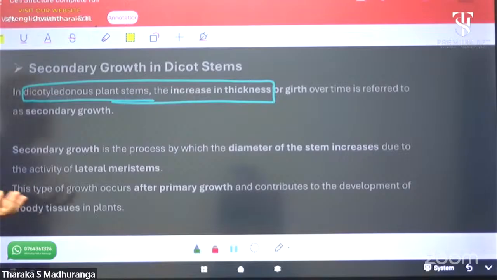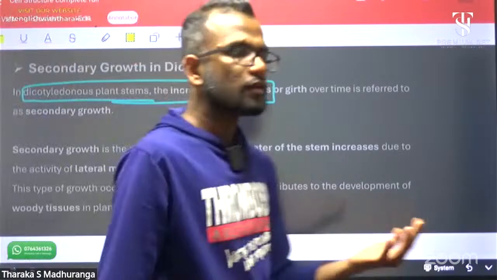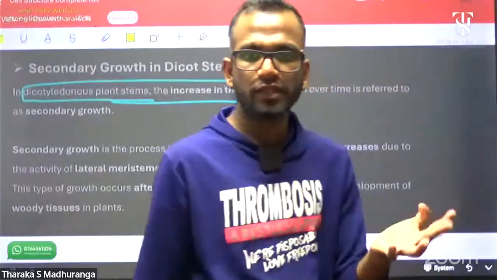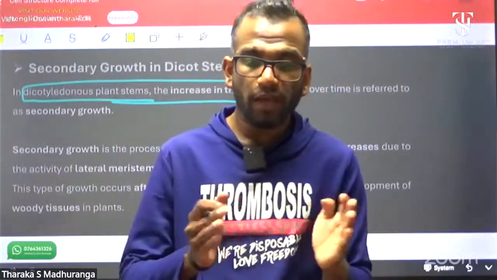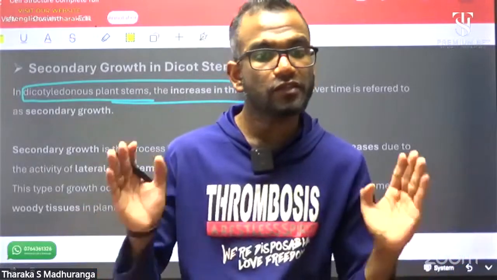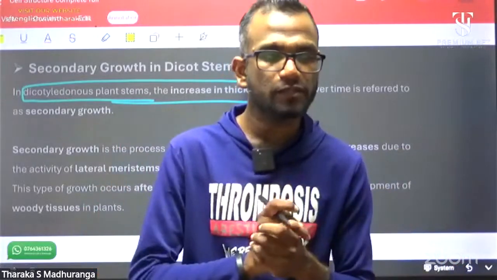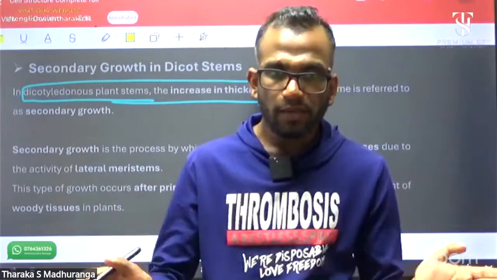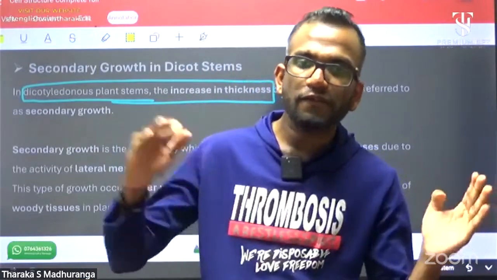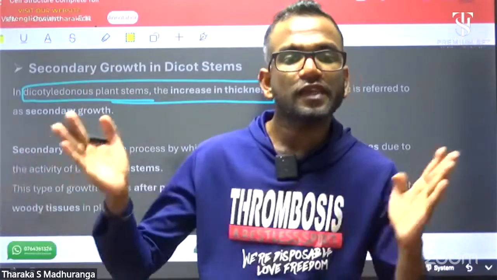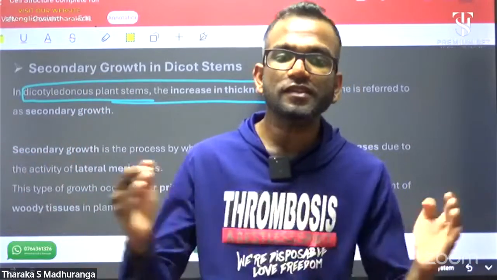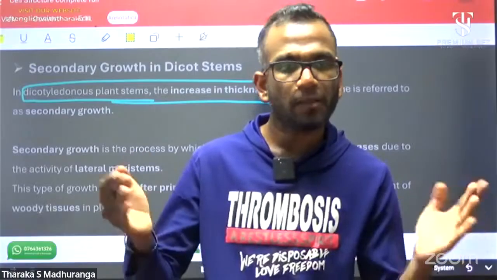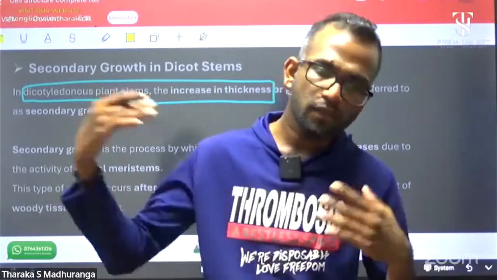What's the meaning of secondary growth? Could you understand? After primary growth, the thickness of the plant stem increases. It is only for dicotyledon plants, because with coconut-type plants, from the immature stage until they die it is the same thickness, not increasing. The tree keeps the same thickness it had when it was small.